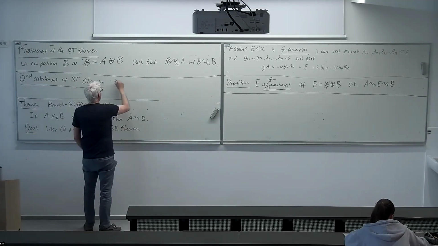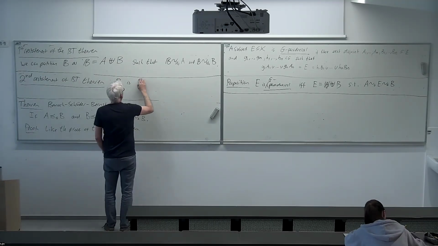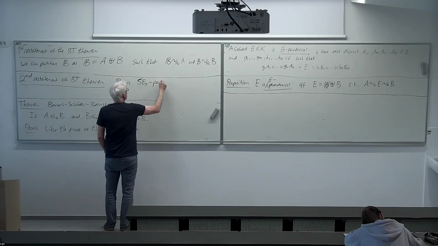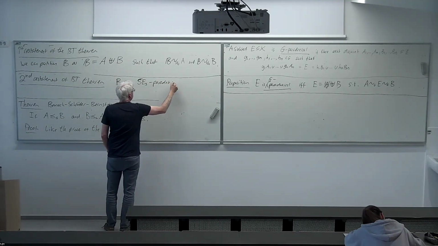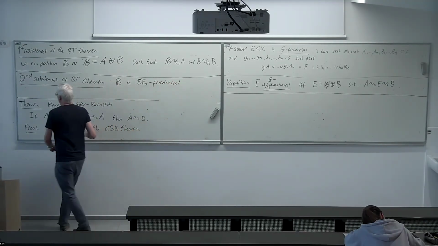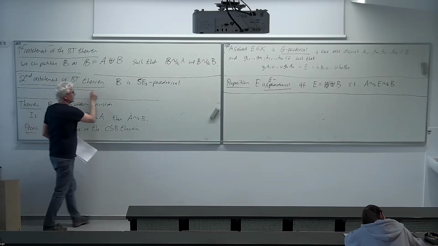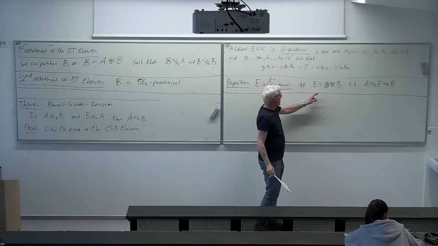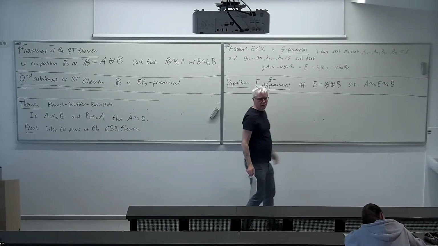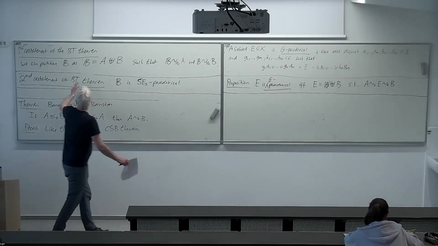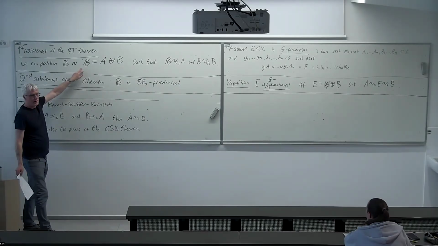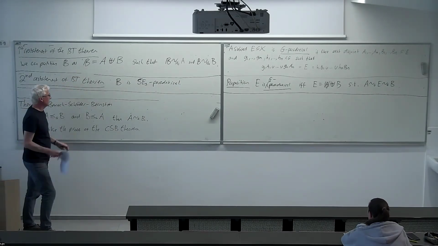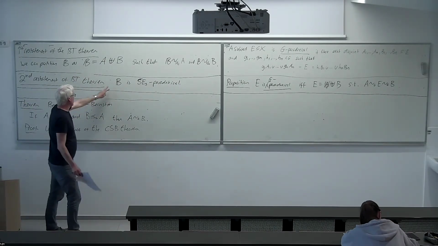It's simply that the unit ball is paradoxical with respect to the group SE3 of rigid transformations of three-space. Because this proposition tells us that that holds exactly when the first restatement of the Banach-Tarski theorem holds. Okay, so this is what we're going to prove.